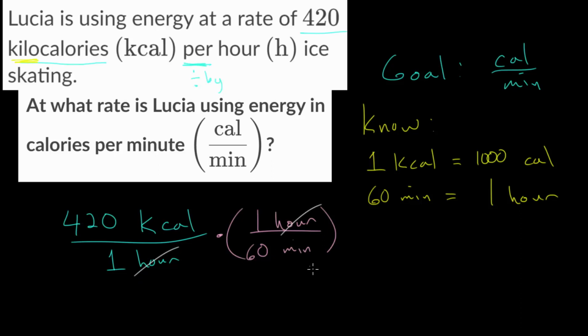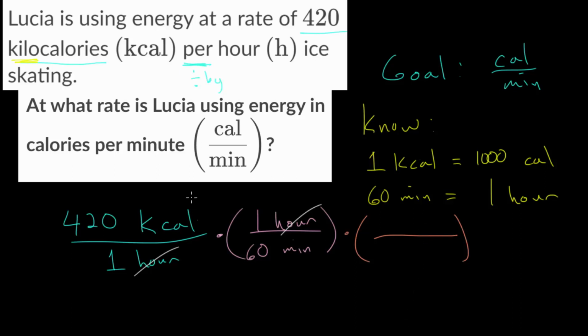And if we multiplied straight across, if we multiply these fractions, we would end up with the units of kilocalories per minute, which is almost what we want, but we want calories per minute. So let's also multiply by this next relationship. And again, we just need to determine, do we put kcal up top or down below?